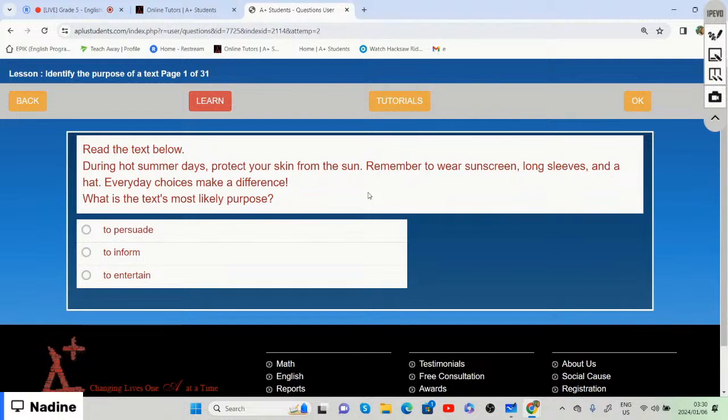During hot summer days, protect your skin from the sun. Remember to wear your sunscreen, long sleeves, and a hat. Everyday choices make a difference. So we're going to say what the text's most likely purpose is.